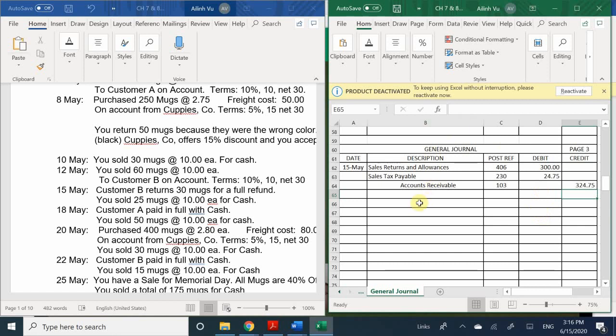Okay, good. And then wait, now we got to fill in my description. I'm going to say customer B returns how many mugs? 30 mugs, full refund.